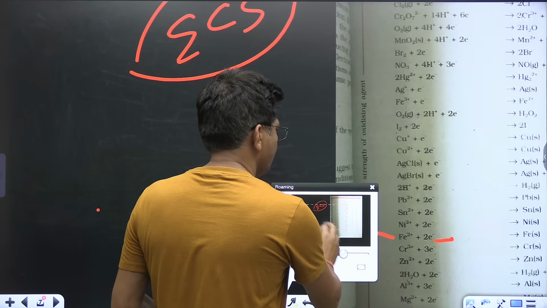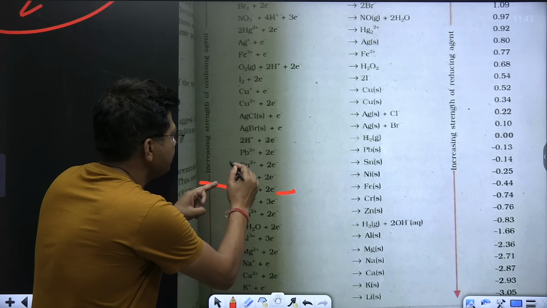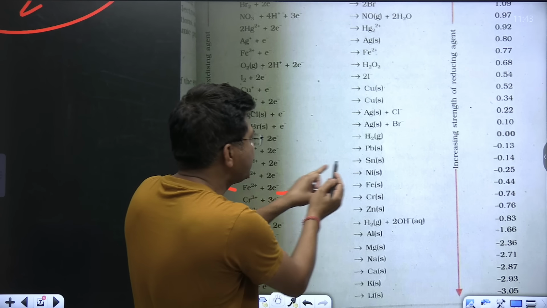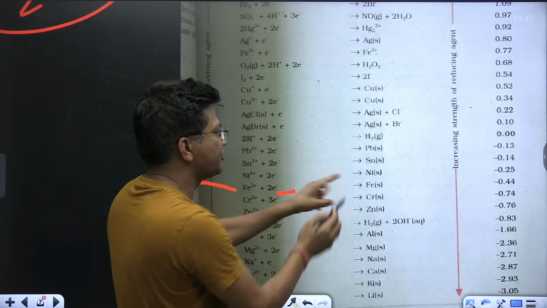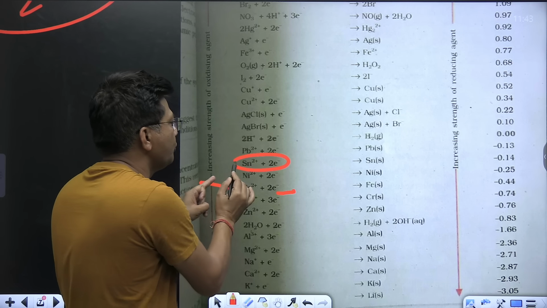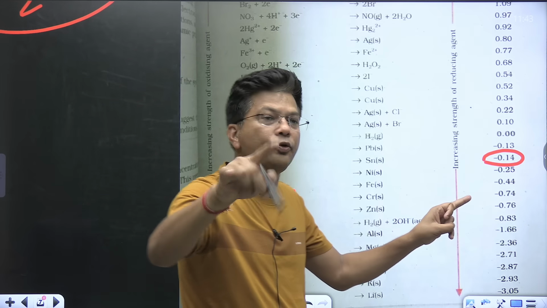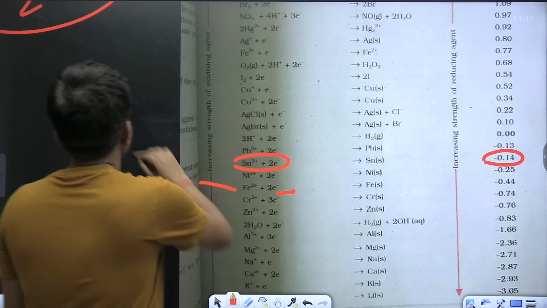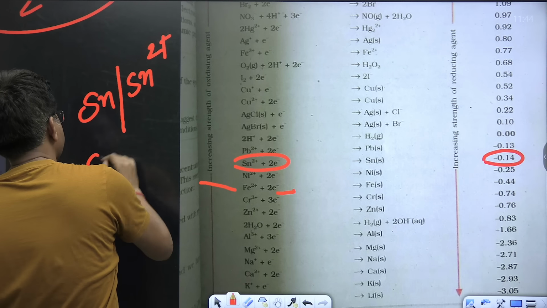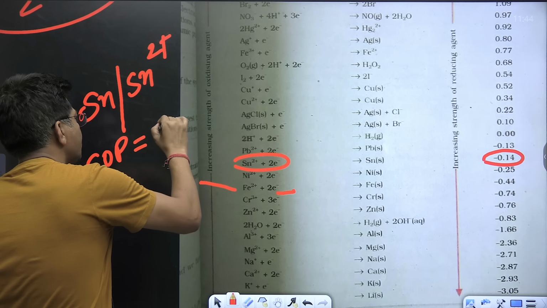You see, your tin is placed at this place. Can you see? This is your tin. And you see the oxidation. Oxidation will be positive because they have written the SRP value. Sn2+ plus 2 electrons gives tin. The SRP value of Sn2+ is negative. That means for Sn2+, the SOP value will be exactly plus 0.14.